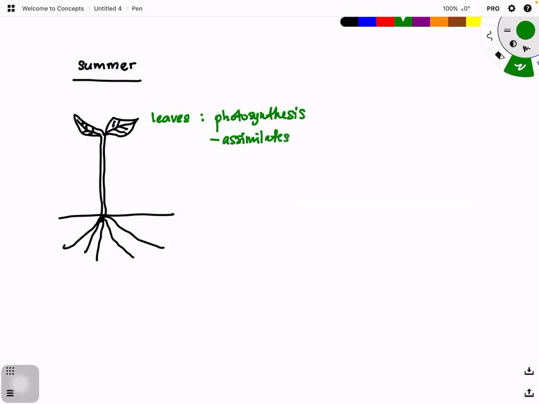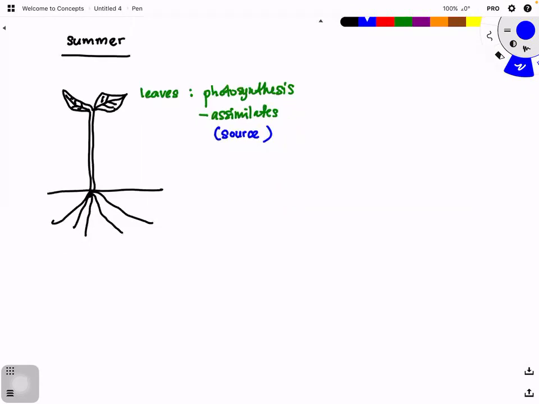The leaf carries out photosynthesis during summer because of high light intensity. Therefore this part of the plant is termed the source. The leaf acts as a source. This photosynthetic product, the assimilates, will be translocated down to the underground stem to store. Are you clear? Go down to the underground stem.